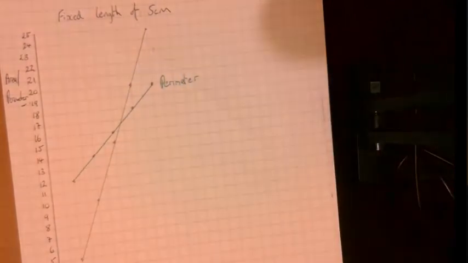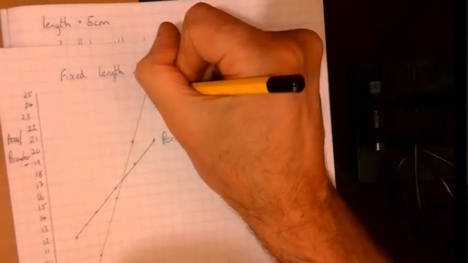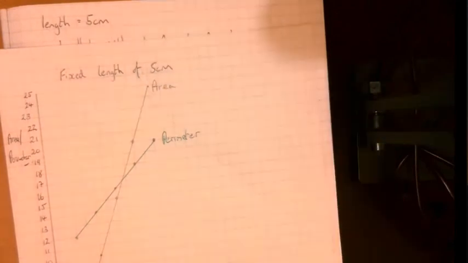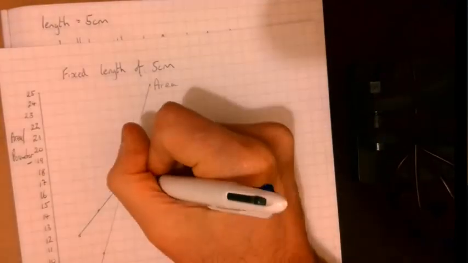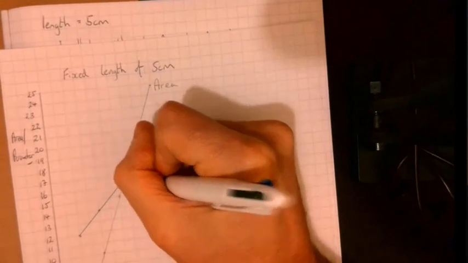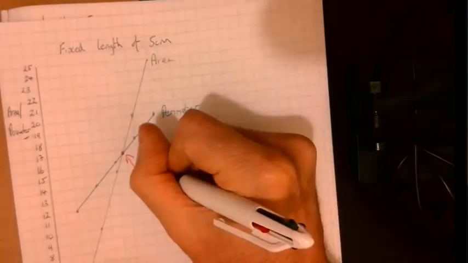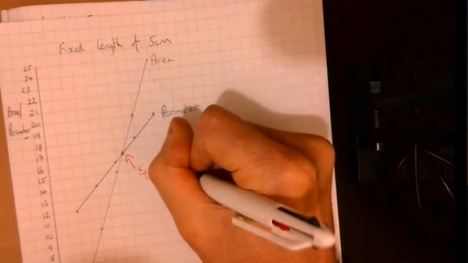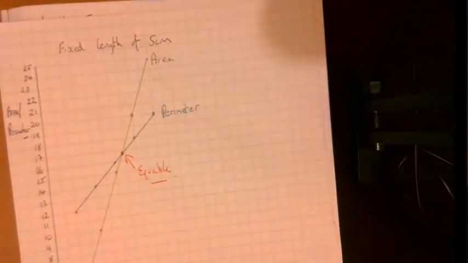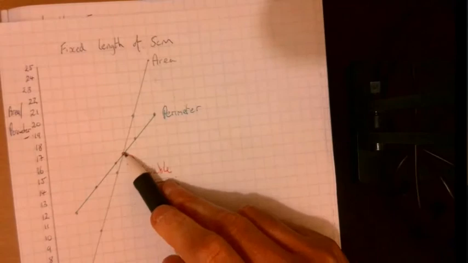And we had, just a second ago, the area just there. And then the solution was, remember, this was the equable one, but the problem with this one is that it's not a nice whole number, is it?